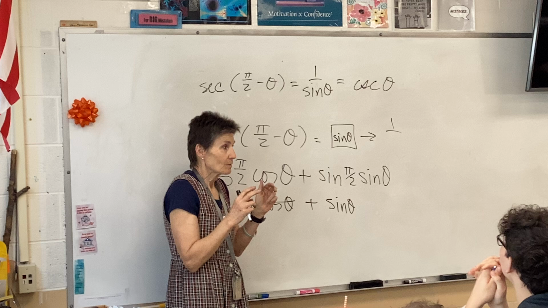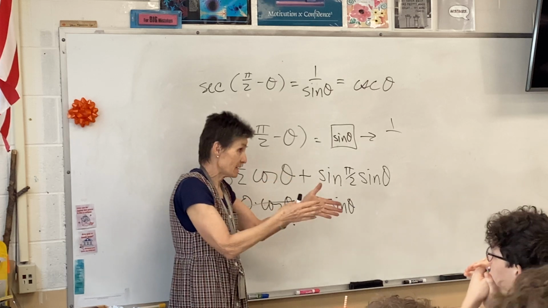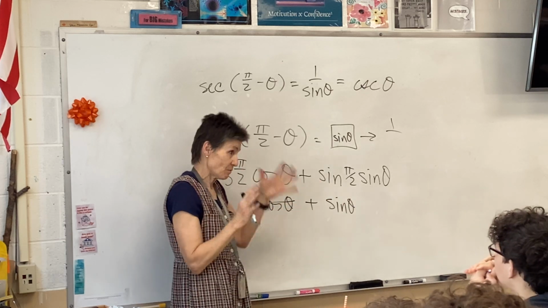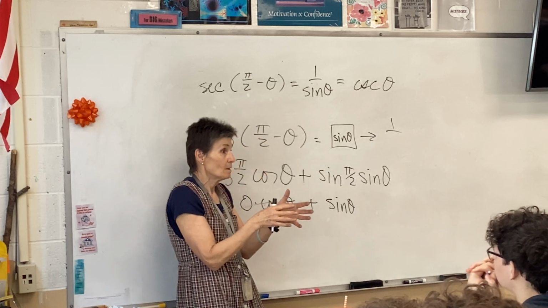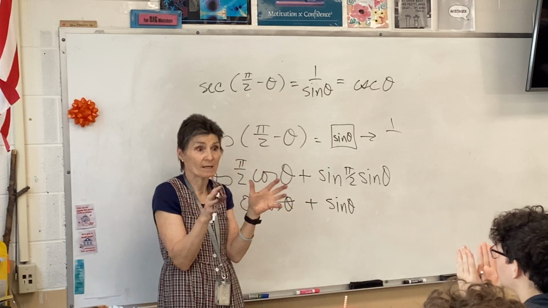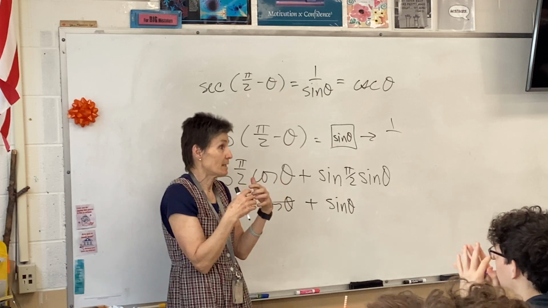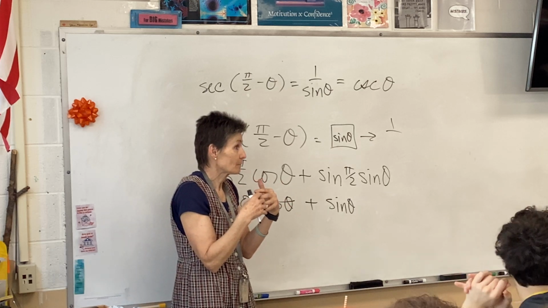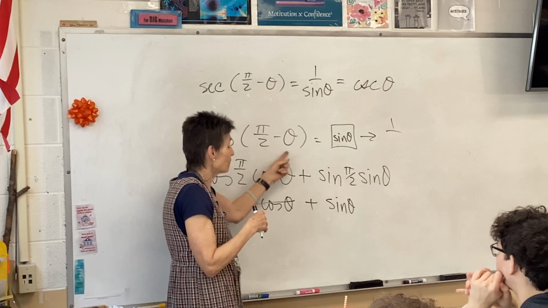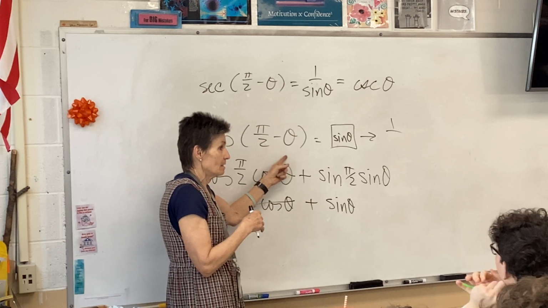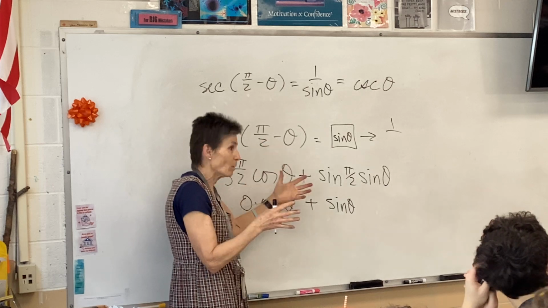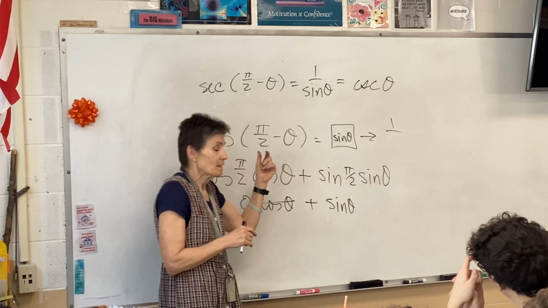If theta is 50, what's 90 minus 50? 40. That's called the complement of 50. What are complementary angles? Angles that add up to 90. So 90 minus theta is always going to be complementary to theta.